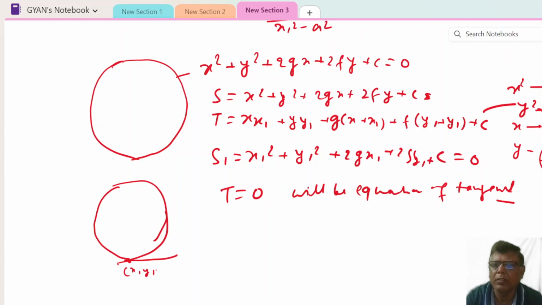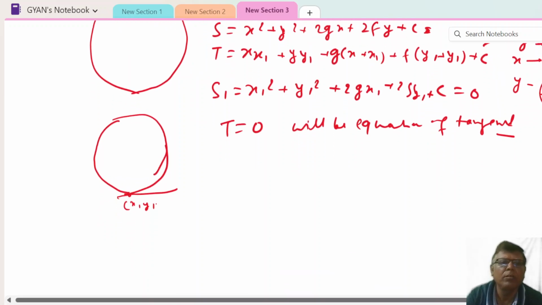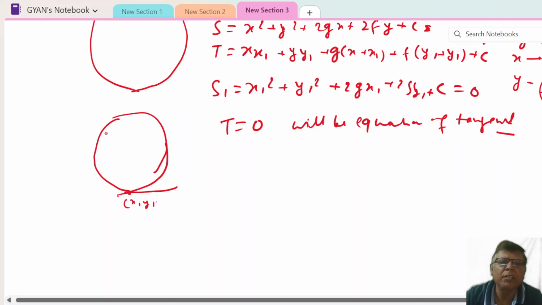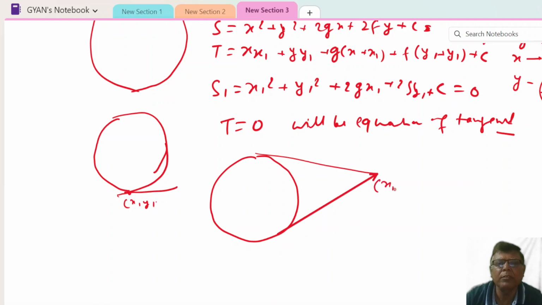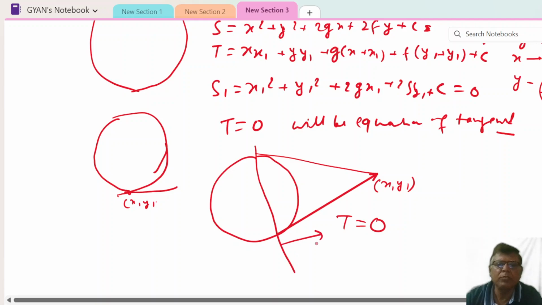If the point is outside, that is x1 y1, then T is equal to 0 will be the chord of contact.